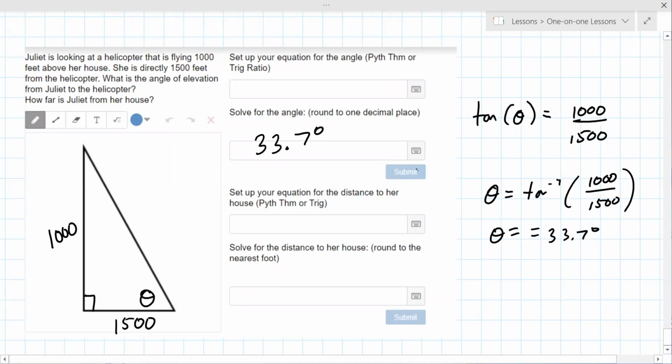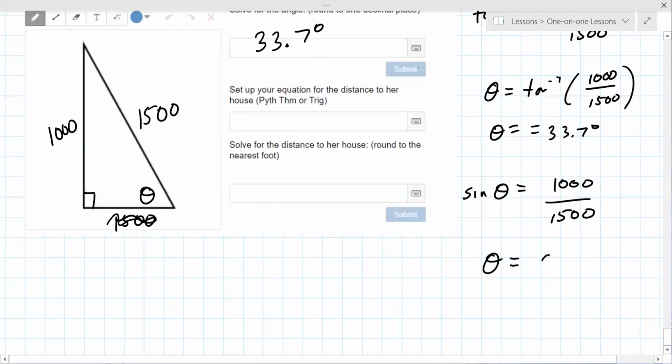I would submit that part if you can. I don't know if it allows you to do that, but yeah, it says it's wrong. Okay. So it could be that this is 1,500 feet. It's really unclear. And then we would use a different trig function to find this. So none of this would be correct. It would be the opposite over the hypotenuse. We would say sine of theta equals 1,000 over 1,500.